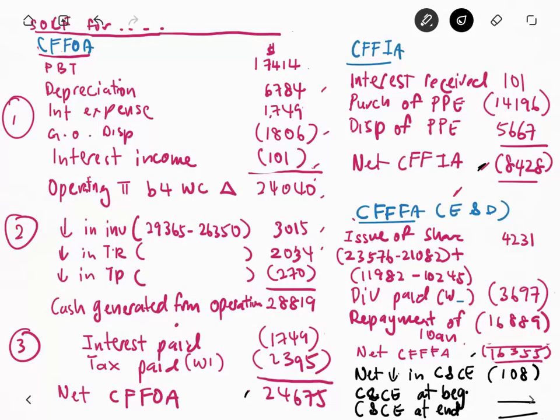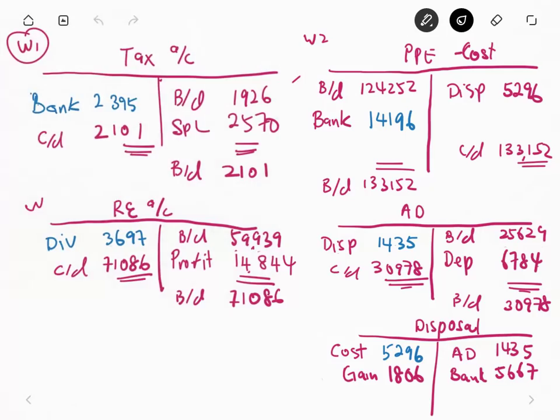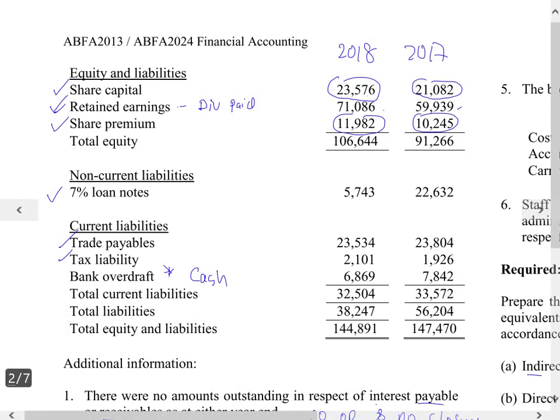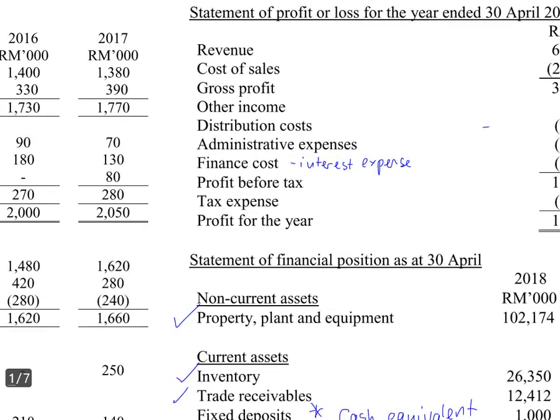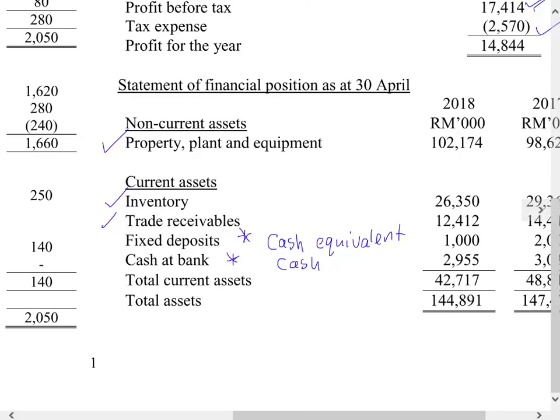So now, which one haven't we ticked for SIP? Fixed deposit haven't ticked. Cash at bank also haven't ticked. Okay, you write there: fixed deposit is an example of cash equivalent. Cash at bank, cash in hand is an example of cash.